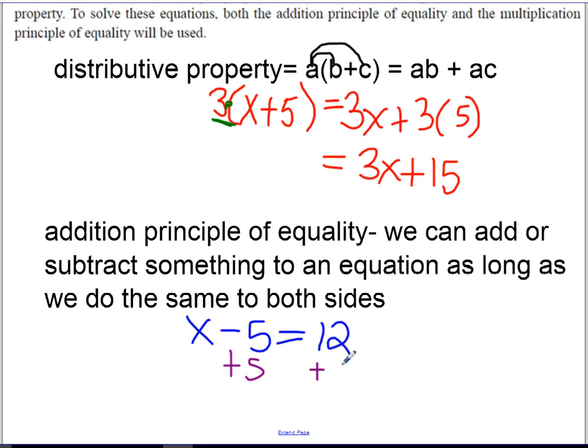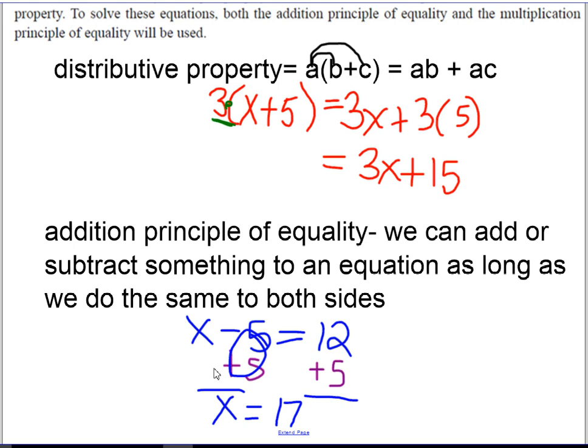And so again, since we put the plus 5 on the left, we put it on the right as well. And so when we simplify that, negative 5 and plus 5 adds to 0, so that drops, and we will get x equals 17.